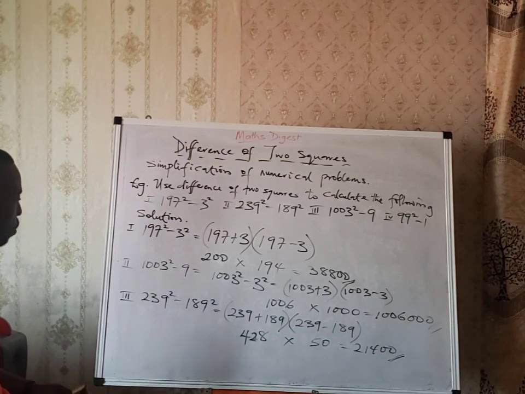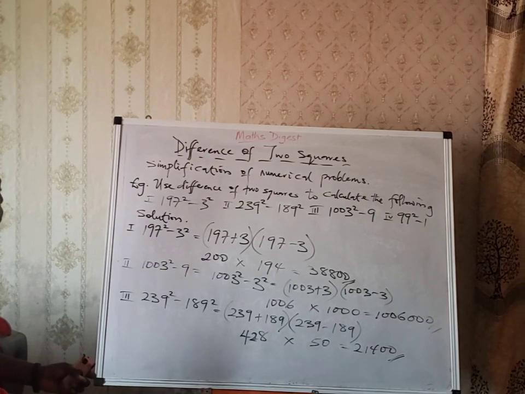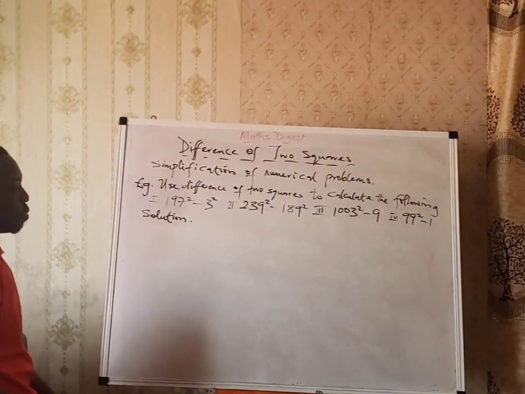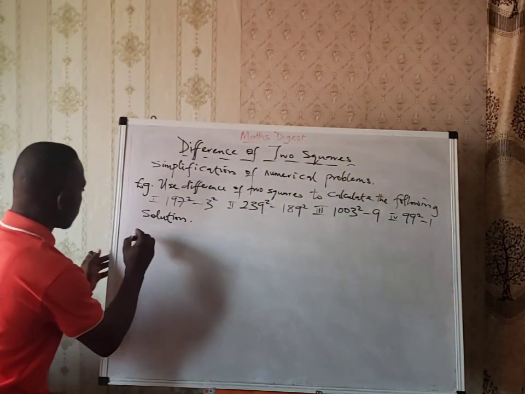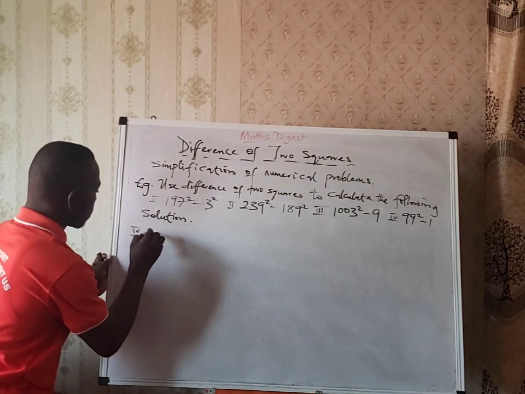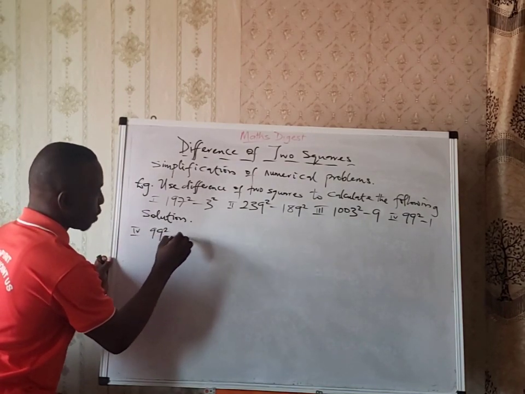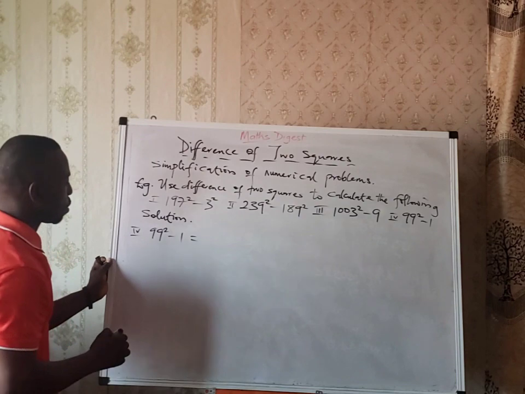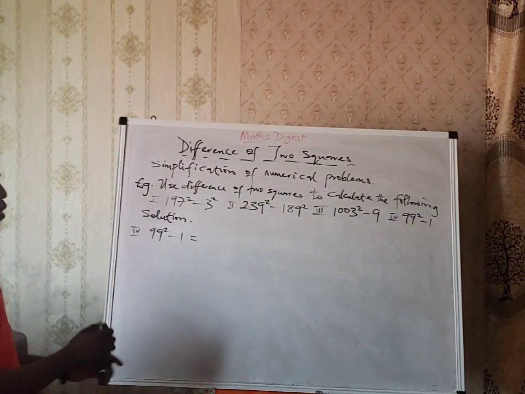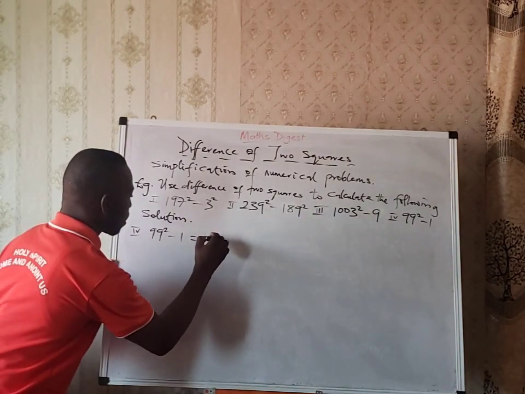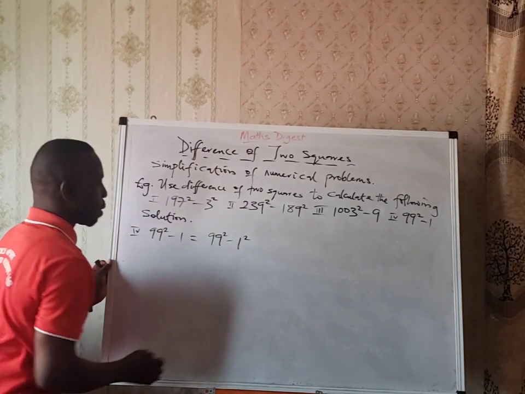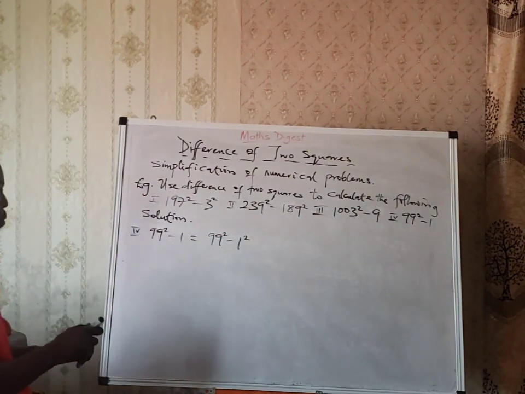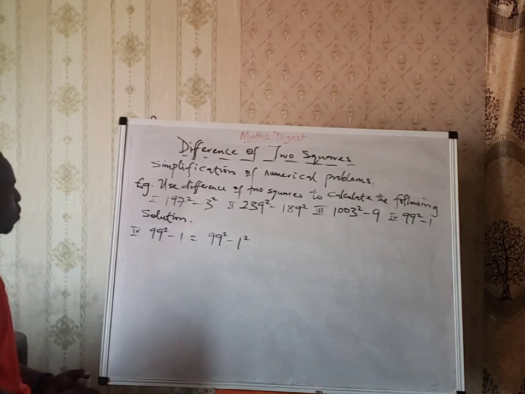All right, quickly we are going to take the fourth one. Welcome back. The last one says 99 squared minus 1. We remember what I told us about this one. We can still say 99 raised to power 2 minus 1 raised to power 2, because 1 times 1 will still give you 1.